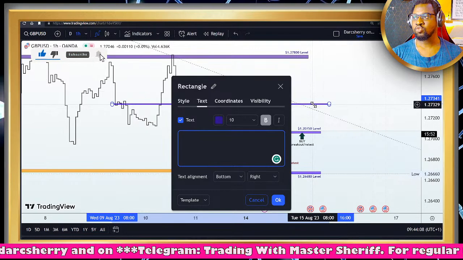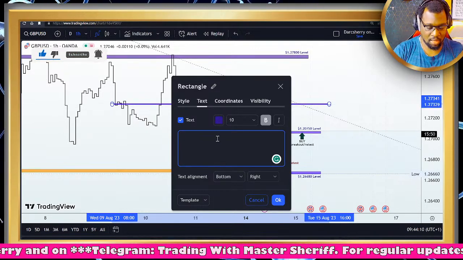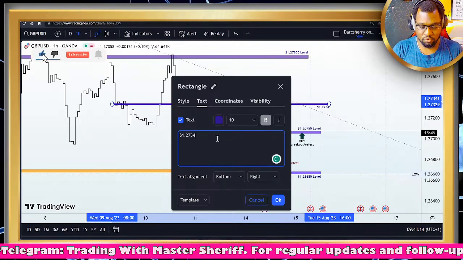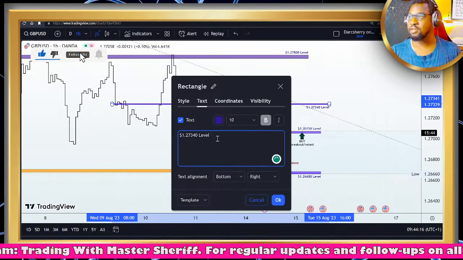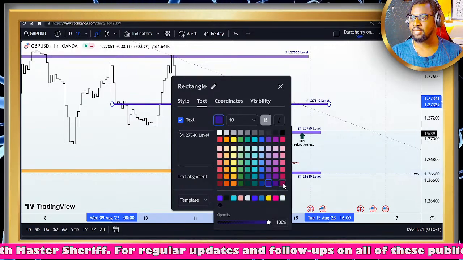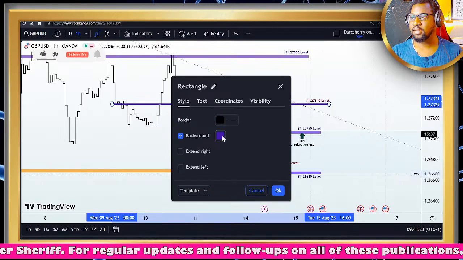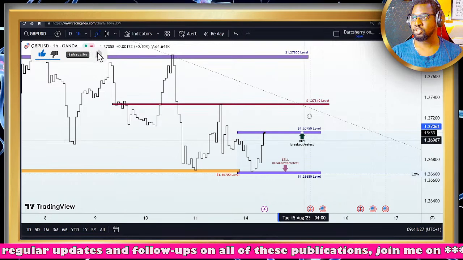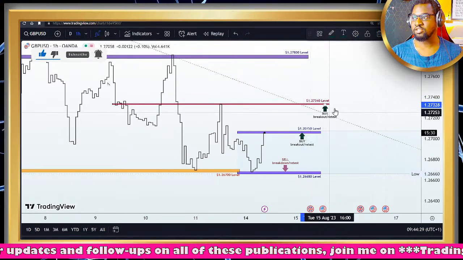So you want to be marking this one out too on your chart. So we have the 1.27340 level. So I would like to give this a different color. So let's have it wine and beautiful. So we'll look out for more opportunities at the breakout of that structure.